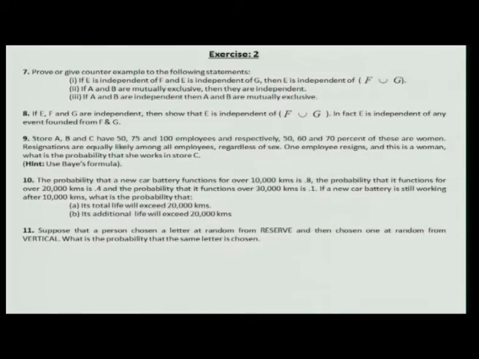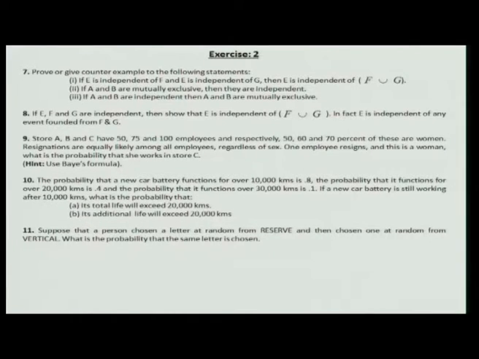If a new car battery is still working after 10,000 kilometers, what is the probability that its total life will exceed 20,000 kilometers? And then its additional life will exceed 20,000 kilometers. So, problem 10 we will have to answer. Maybe we will leave out problem 10 from here and revisit it later on, but problem 11 you can answer easily.